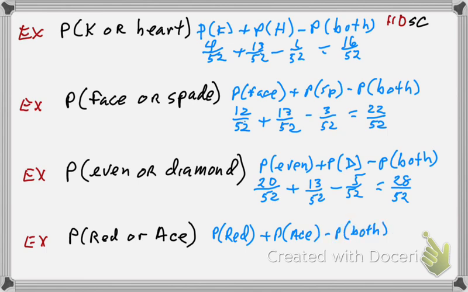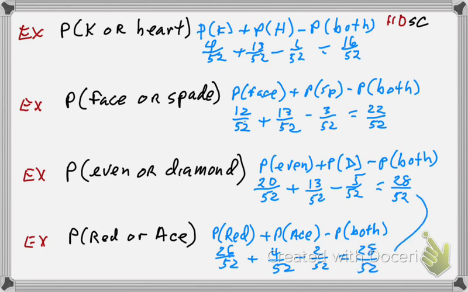Okay, red. 26 out of 52. Half of them are red. Plus, how many aces? 4 out of 52. Minus, how many are both ace and red? 2. So I've got 28 out of 52.